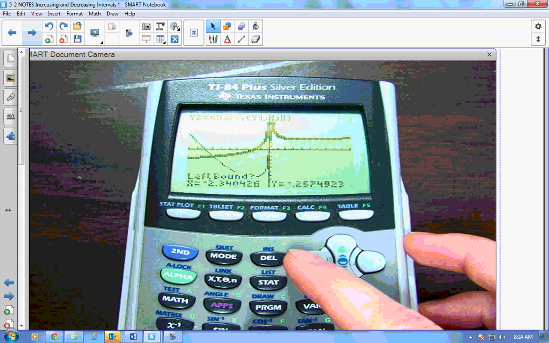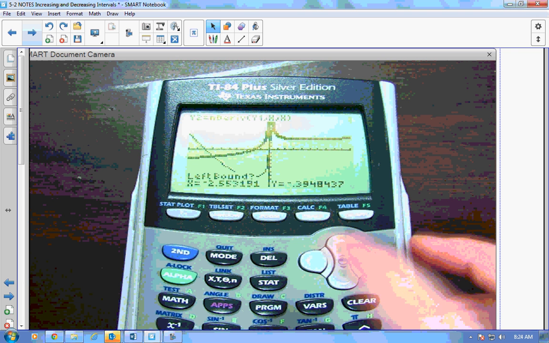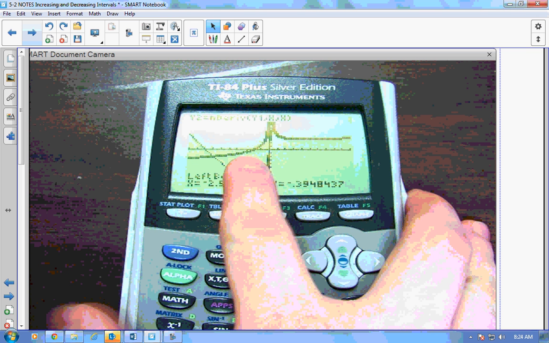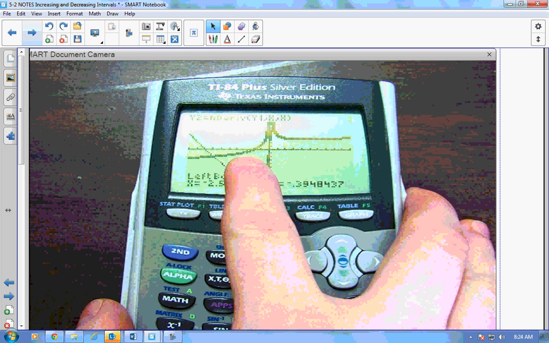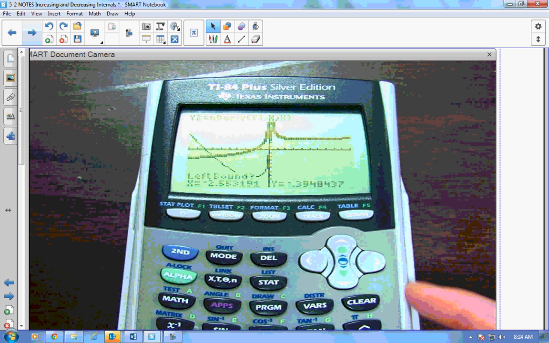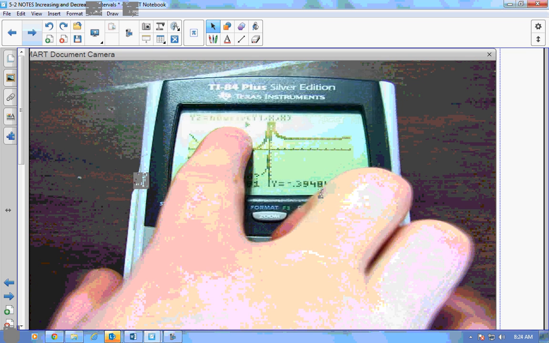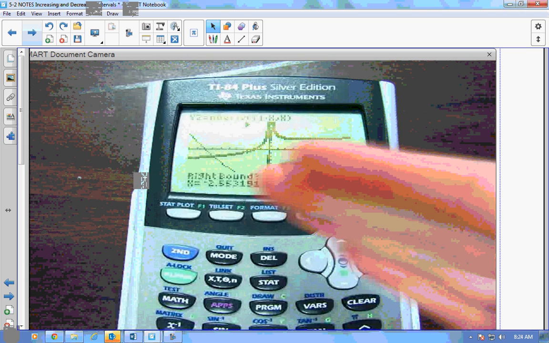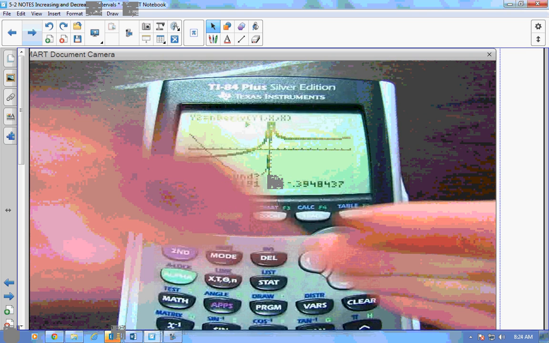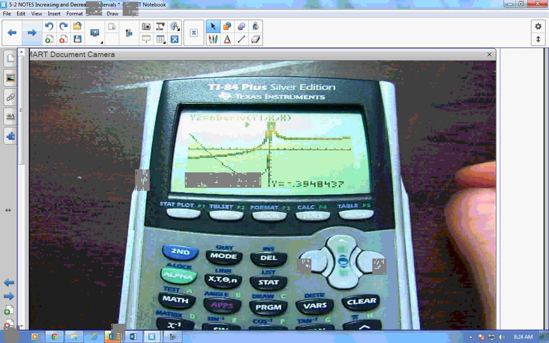We want the thick line for the derivative. Left bound, make sure you're on the left, which in this case means you're underneath the x-axis. Push enter. You can see how that little arrow pops up? You want these two arrows pointing towards each other. If one's pointing the opposite way, you're going to get an error.